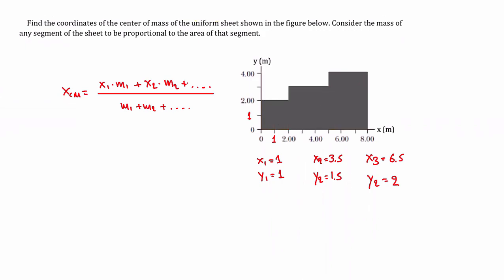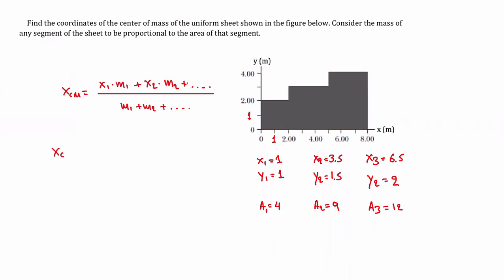So the first square has an area that is 2 by 2, so it is 4, so we can consider that the mass 1 is proportional to 4. The area 2 is 3 times 3, so it is 9, and the area 3 is from 5 to 8, 3 times 4, so it is equal to 12.